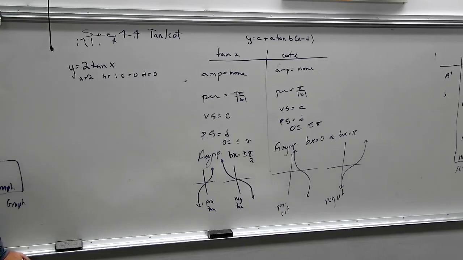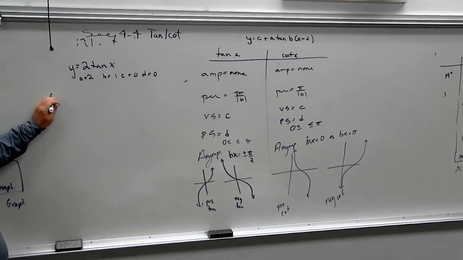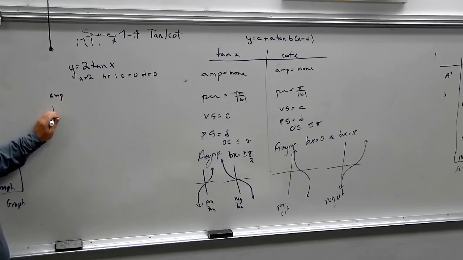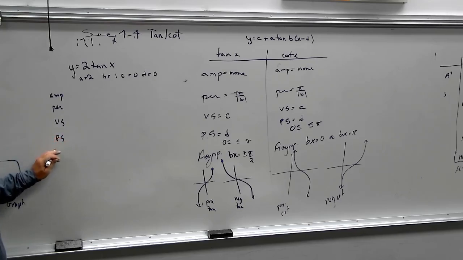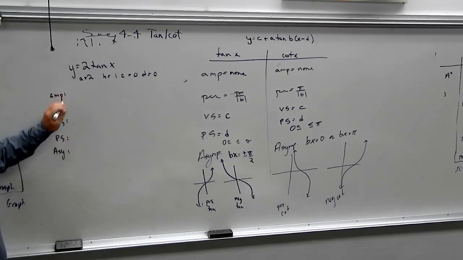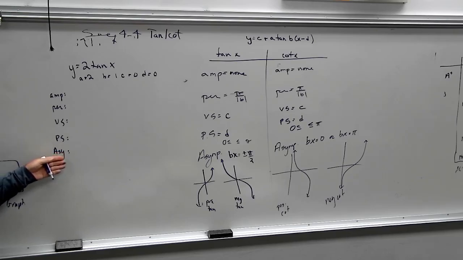You could say none. Whatever works for you. So now when you're graphing tangent and cotangent, we know that we have to add another step. And I just usually put ASY, for your asymptotes. You don't have to do this on sine and cosine. Only on tangent and cotangent do you need to add this extra one. If this was a sine wave, you would stop there.